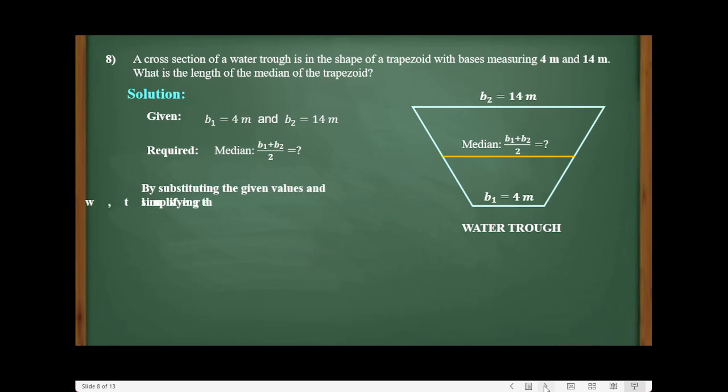So by substitution, we can compute for the length of the median. And that is 4 plus 14 all over 2. The answer is 9. So 9 meters is the length of this segment, which is the median. Okay? Next.